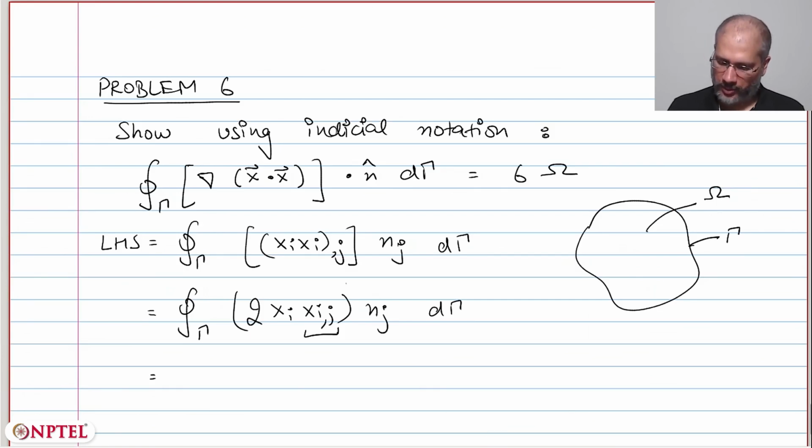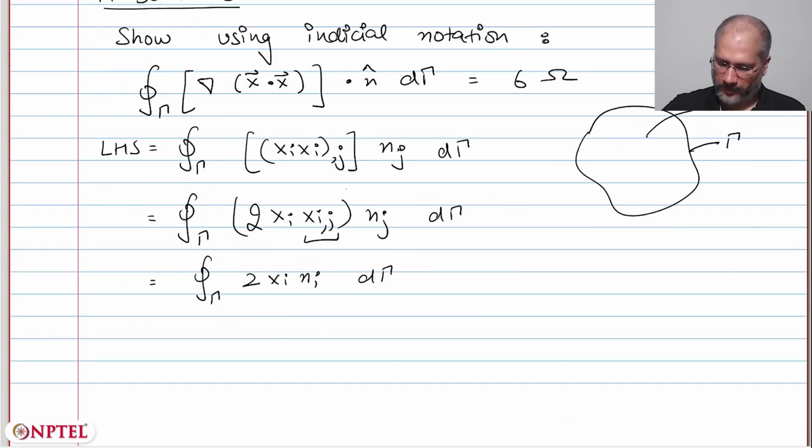So this is a delta ij. So this is twice xi times delta ij times nj. Now delta ij times nj can be written as ni using the substitution property of delta. So I'll simply write this as ni. So this is the left hand side, and now we will apply Gauss's theorem.